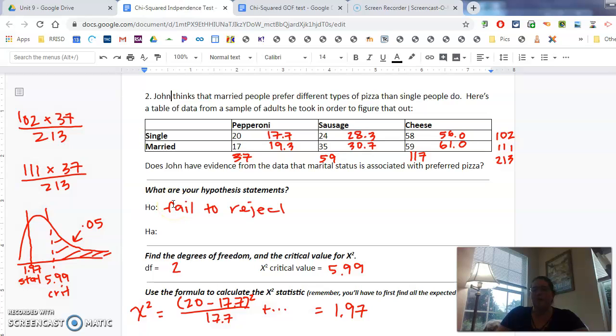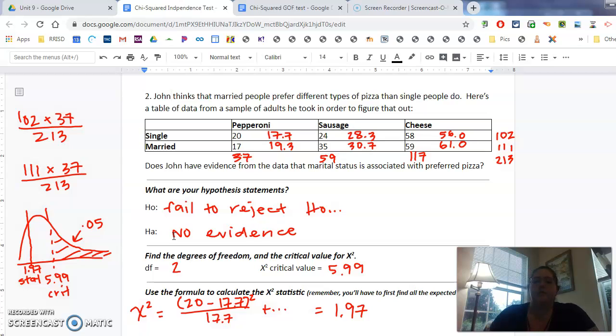which means we do not have evidence of our alternative. So we would say no evidence that there's a difference in pizza preferences between married and single people, or we have no evidence that there's an association between marital status and preferred pizza. So we do not have evidence of a major difference.